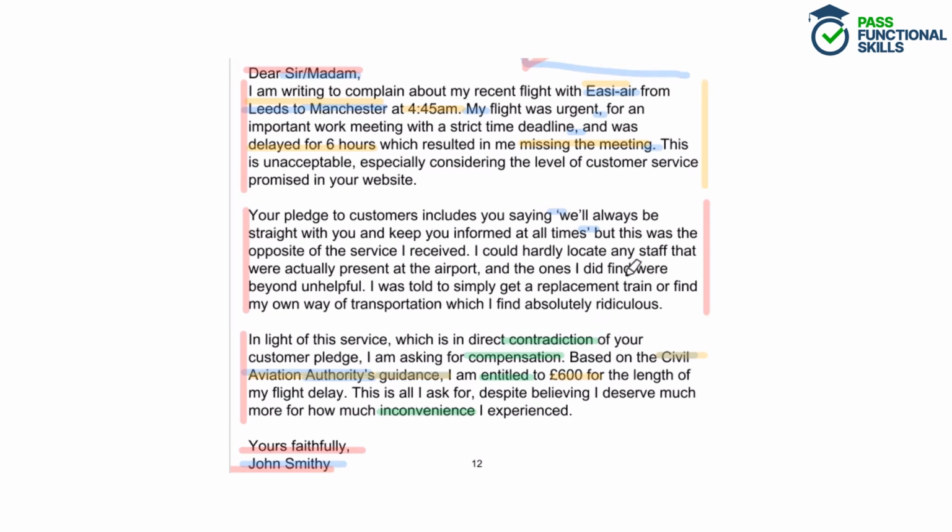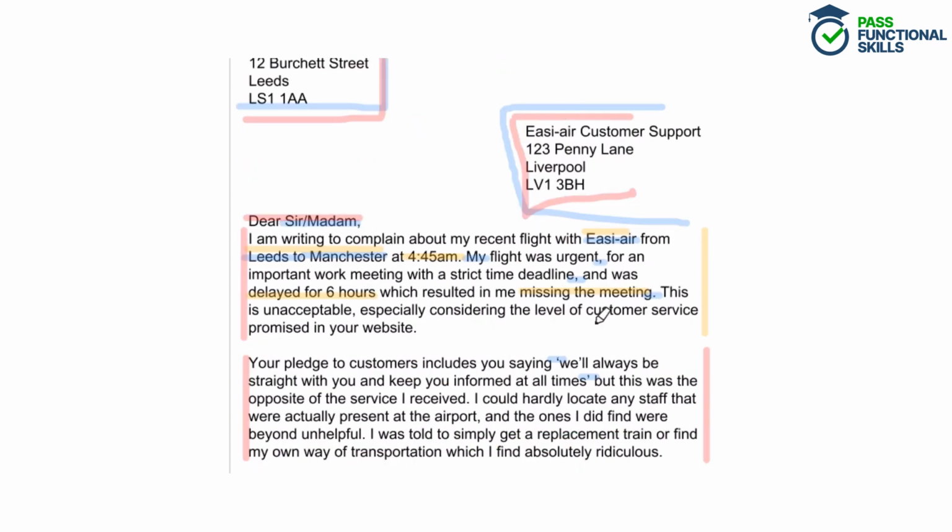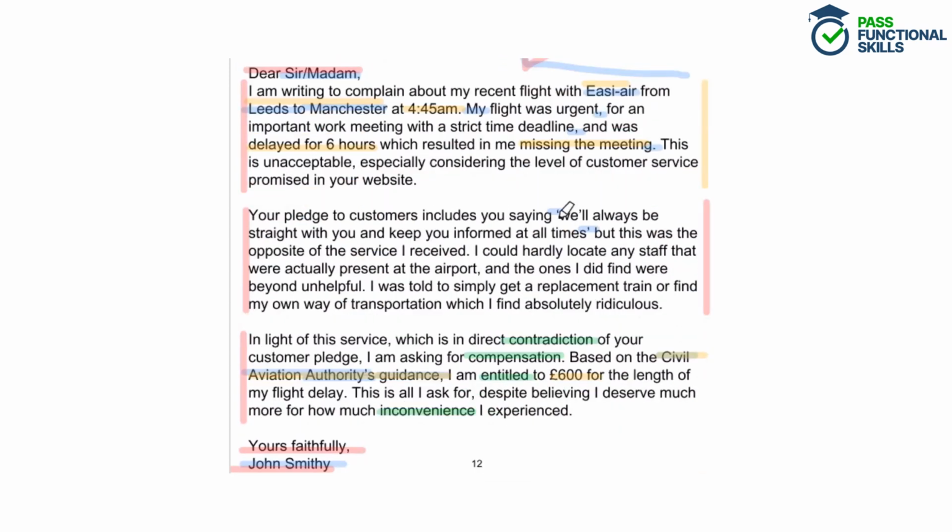So for example, we've got a quote from the Easy Air customer support team here. We've got, "We'll always be straight with you and keep you informed." But this was the opposite of the service that they received. So they're suggesting there that they were not informed. And then they go on to explain this in more detail, saying, "I could hardly locate any staff that were actually present, and the ones I did find were beyond unhelpful."